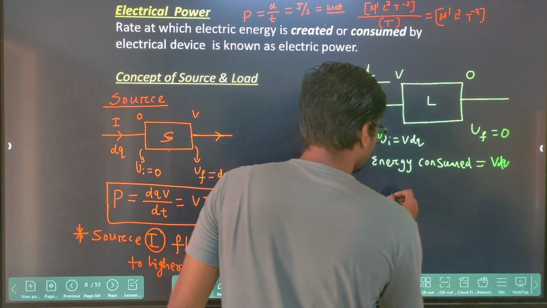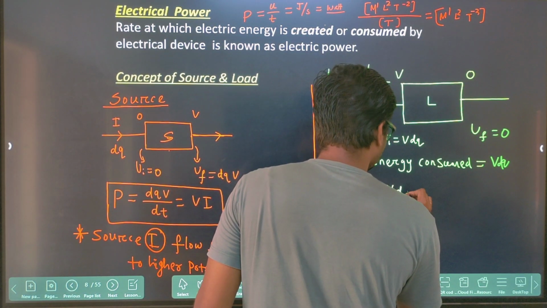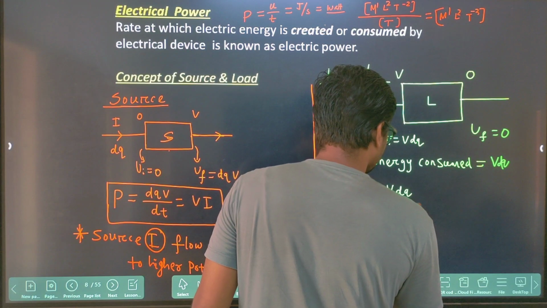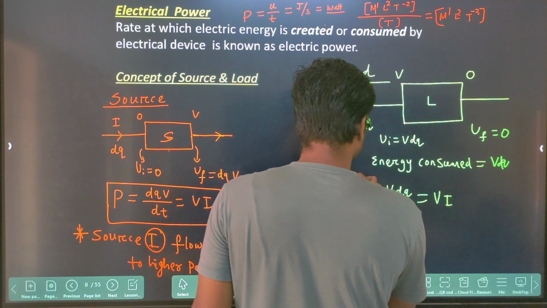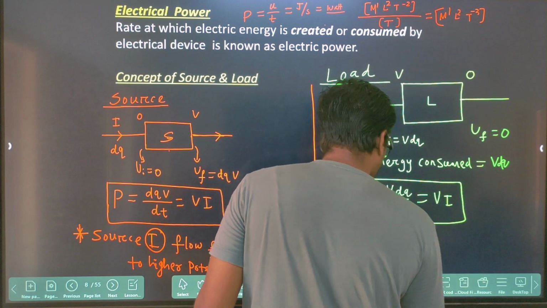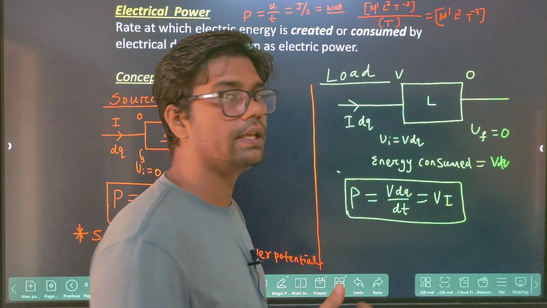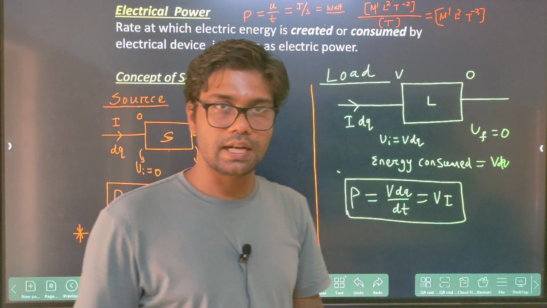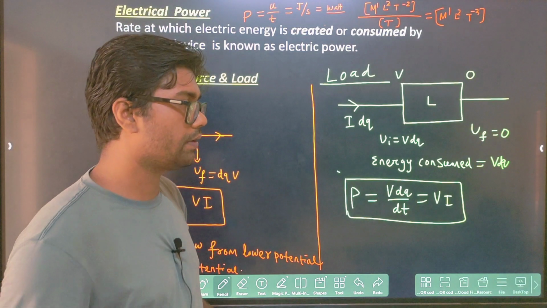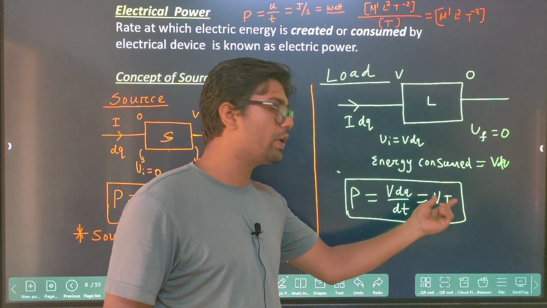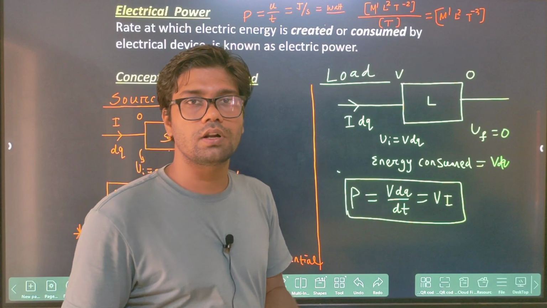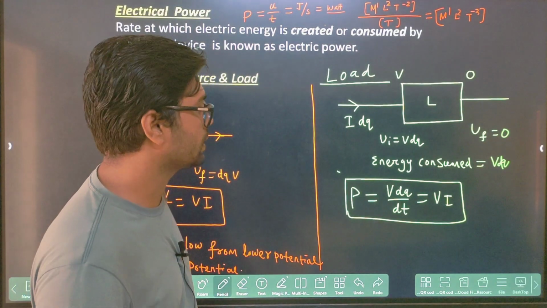So power can be written as V dq divided by dt. So this will be V times dq by dt, or I. So you just have to remember power is written as V into I, potential difference into I, the current flowing through it. And this formula is everywhere applicable. Power is equal to V into I. You have to remember this thing.